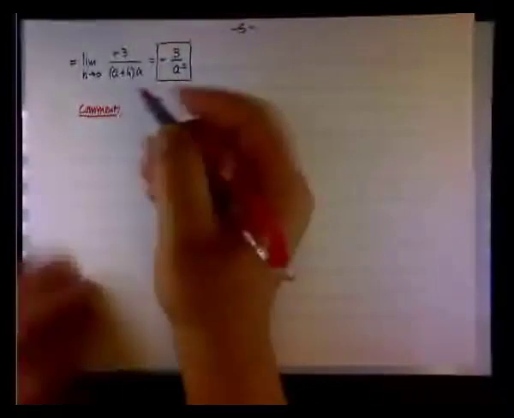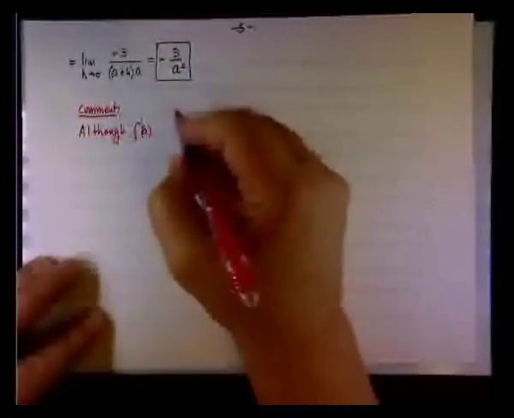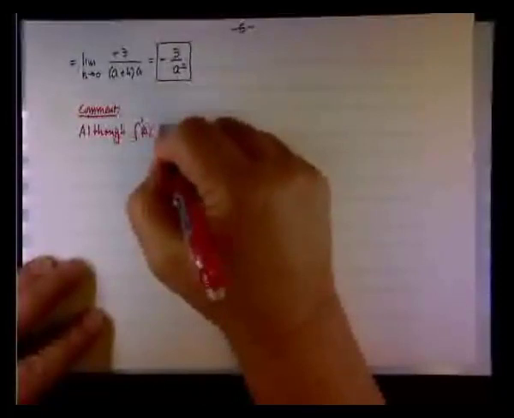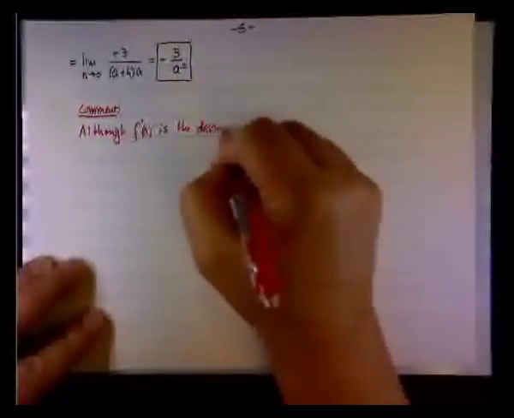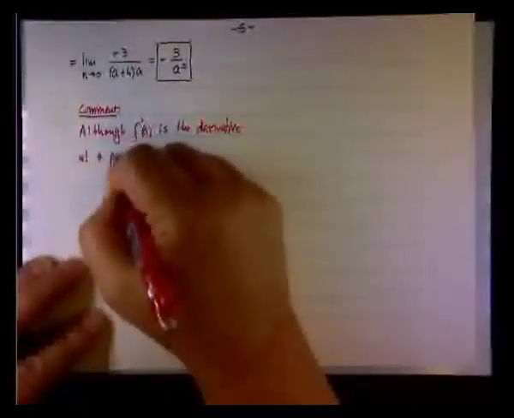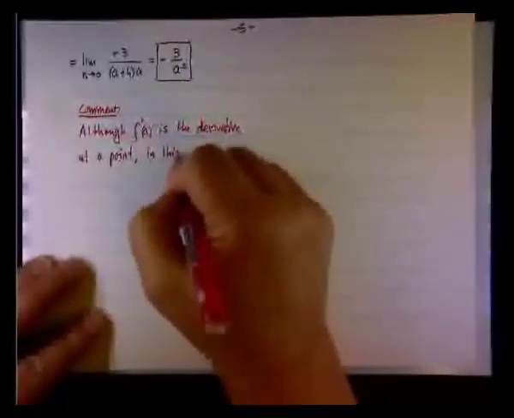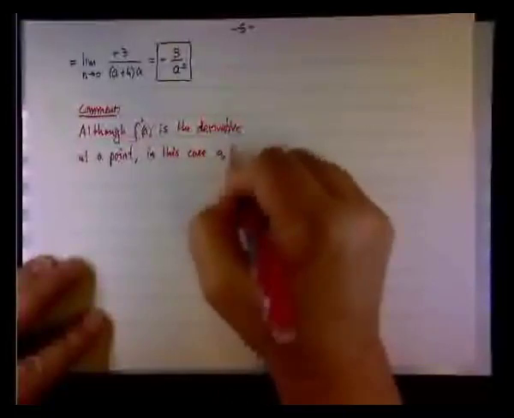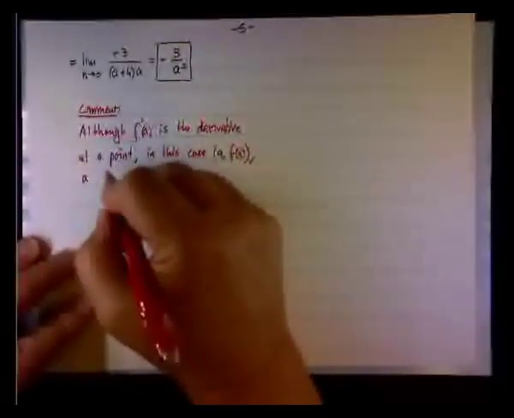Although f prime of a is the derivative at a point, in this case the point is a comma f of a. All right. A can be replaced by any value.